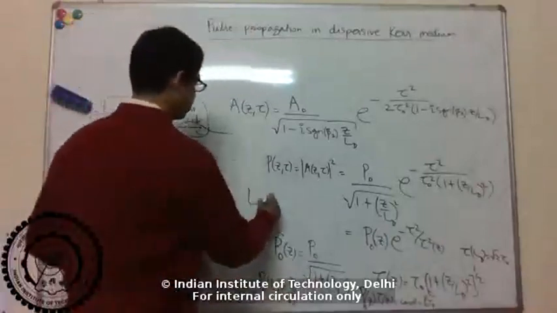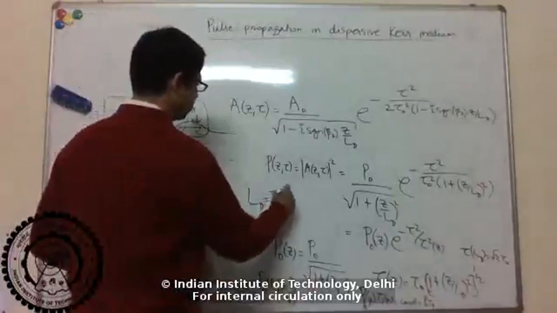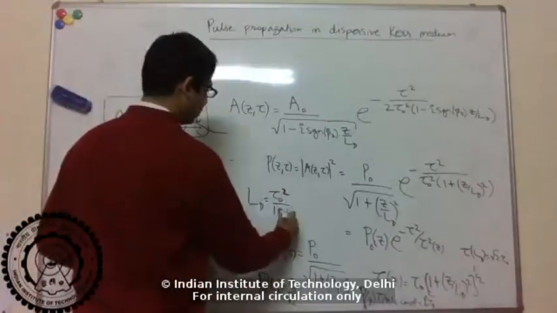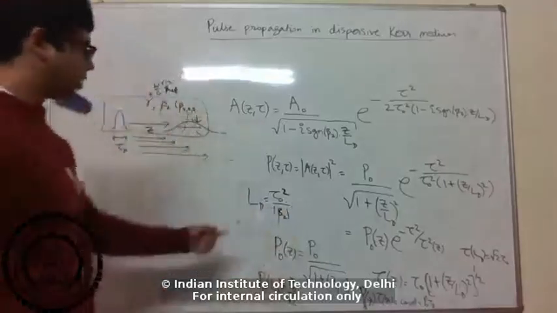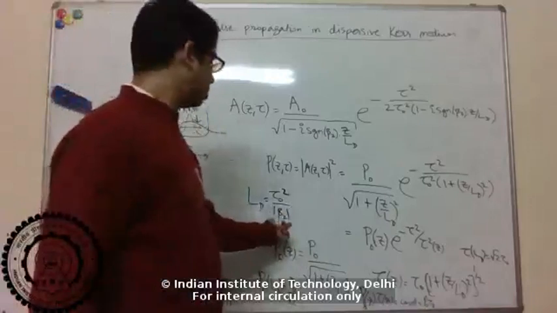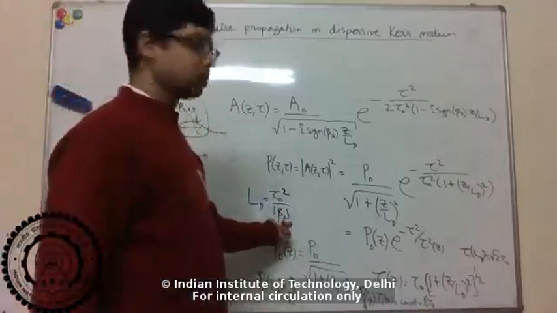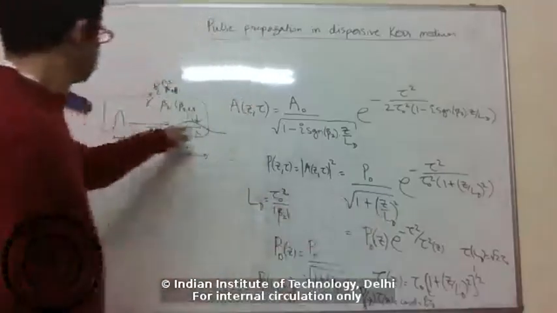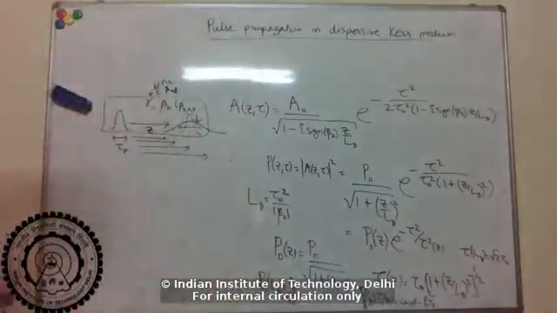LD, remember, was the pulse width squared divided by the magnitude of the dispersion, right? So you can see that it only depends on the magnitude. It doesn't matter if it was normal or anomalous, it could be positive or negative. In both cases, the pulse is spreading.